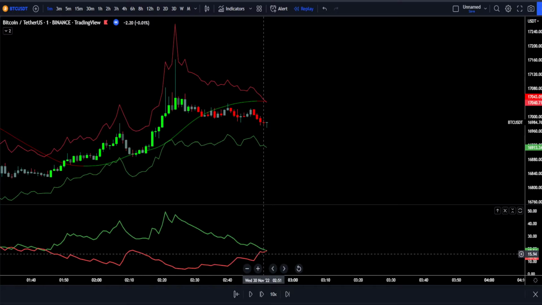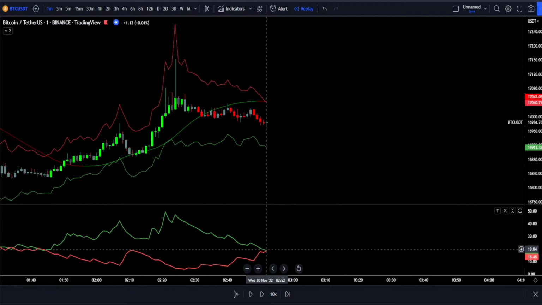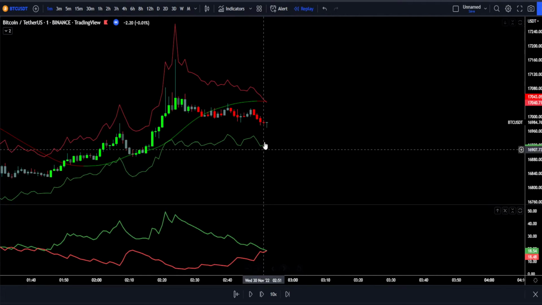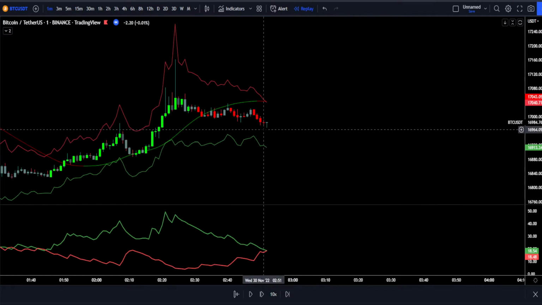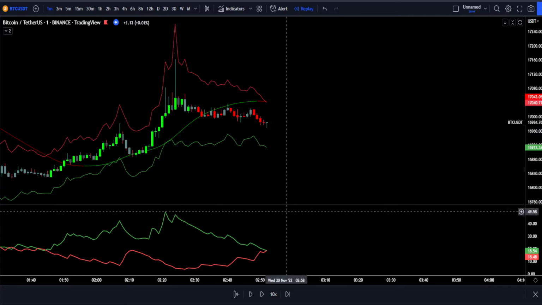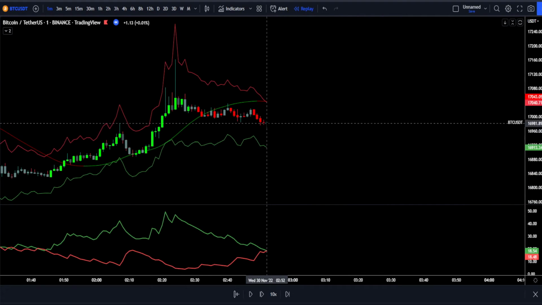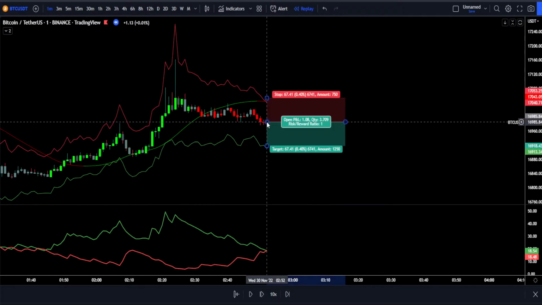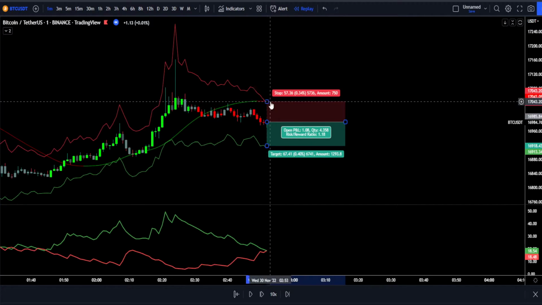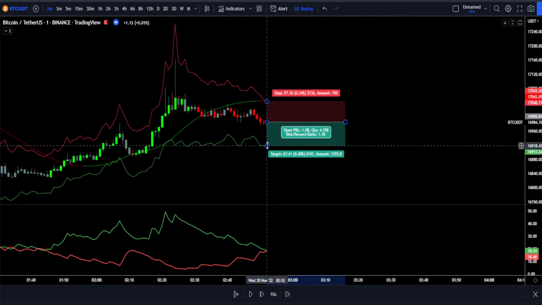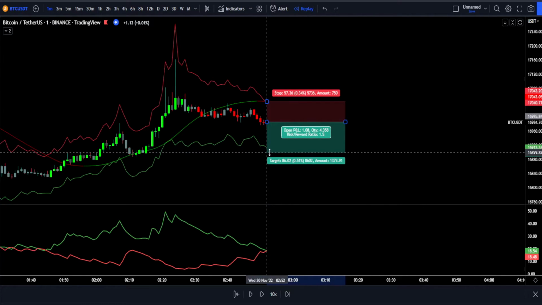This is the case if the red line crosses up above our green line. Lastly, the previous candlestick or our trigger candlestick needs to be colored in red. Since all of these conditions are met, we can safely enter our short position on the close of this trigger candlestick. We will be bringing our stop loss up towards our upper ATR band, and our take profit target will be 1.5 times the risk.